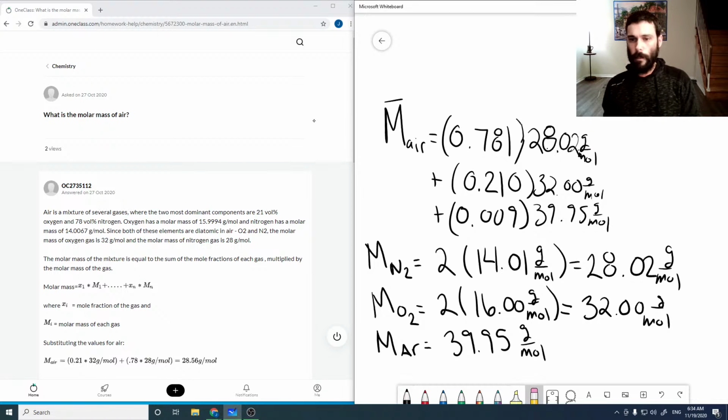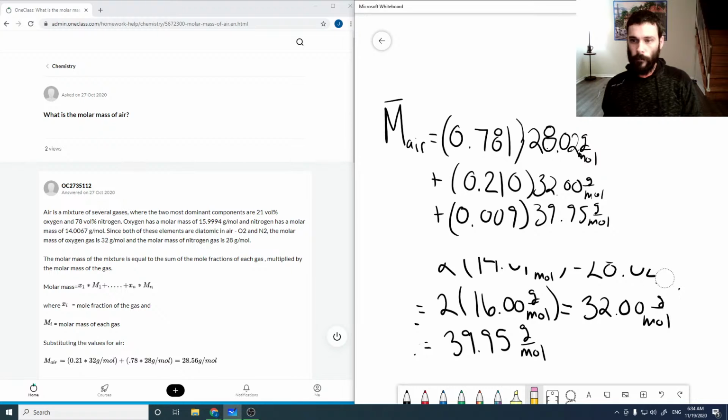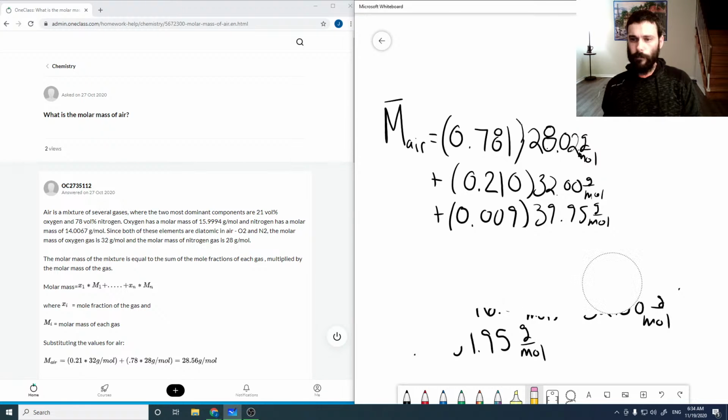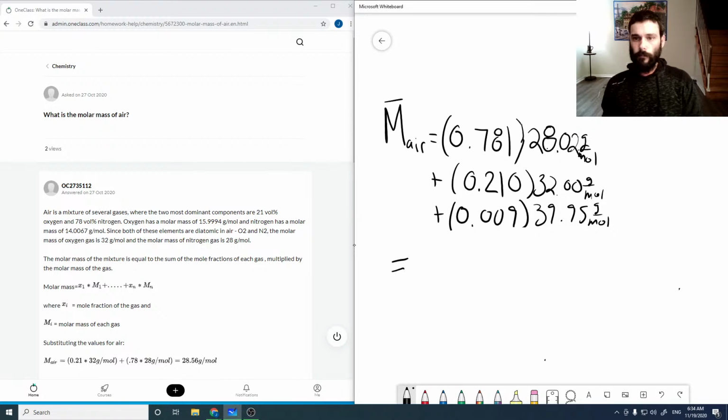Now, if we just run through this quick addition problem, then this would just be 21.884, keeping extra digits just for rounding error.